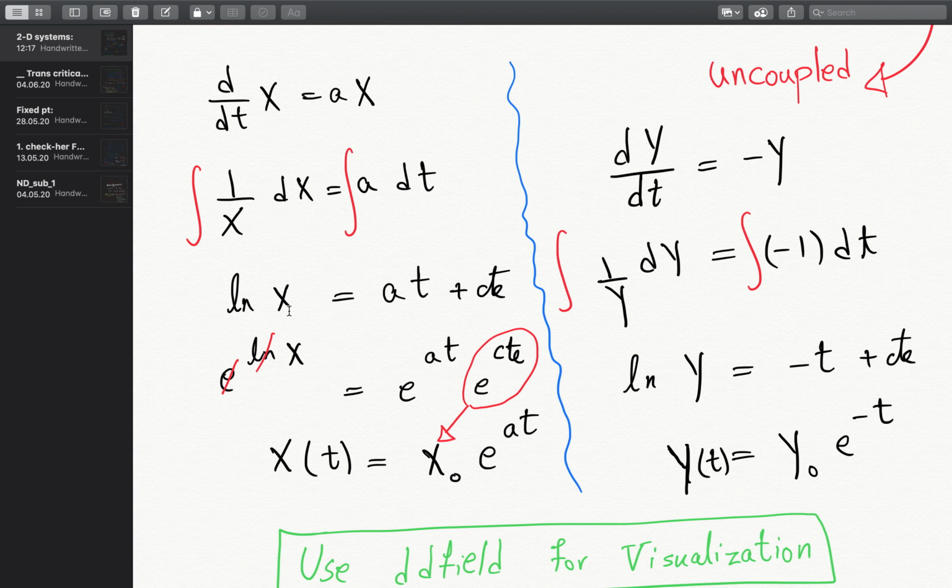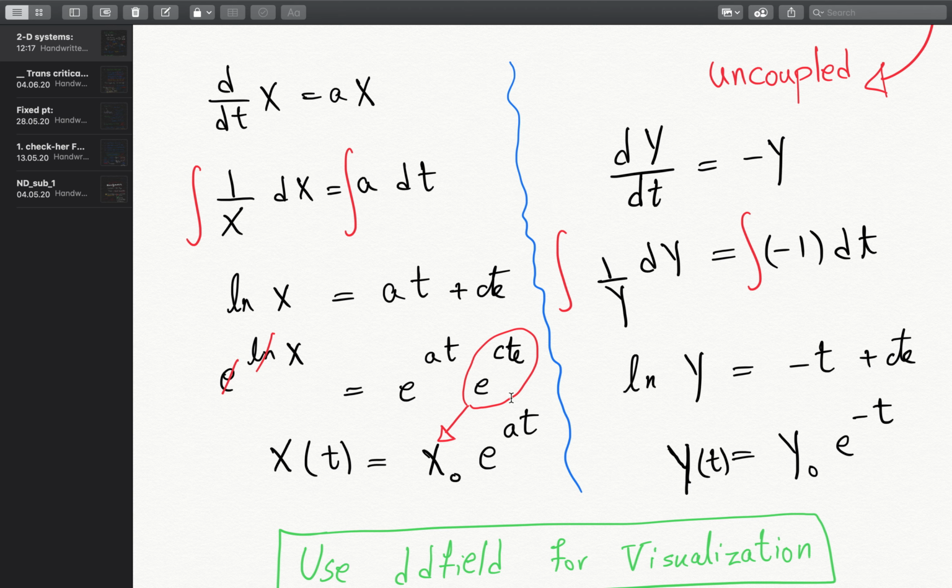So again they are equal, therefore I can apply an exponential function to both sides. Therefore I have e to the power ln of x equal to e to the power at plus a constant, which e to the power of a sum can be split like this, right? So e to the power at plus a constant is equal to e to the power at times e to the power of that constant.